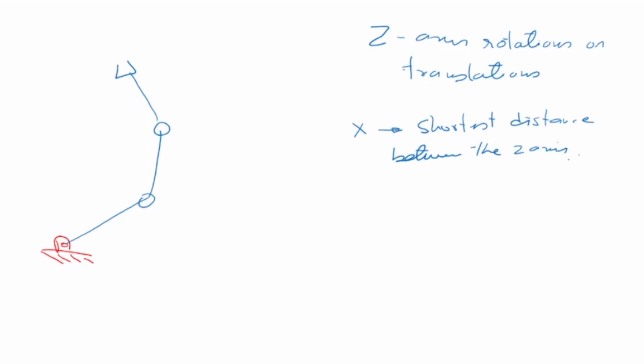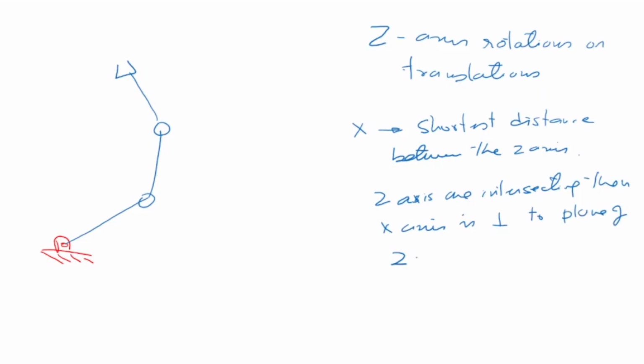Now, in case the Z axes are intersecting, then the X axis is perpendicular to the plane of the Z axes. So this is the case where the Z axes are intersecting. Now, the other case is where they're not intersecting, so it's a pretty straightforward case.